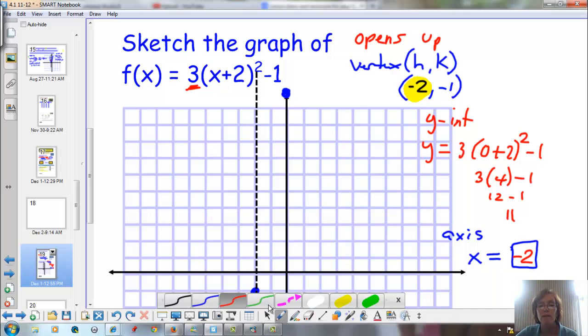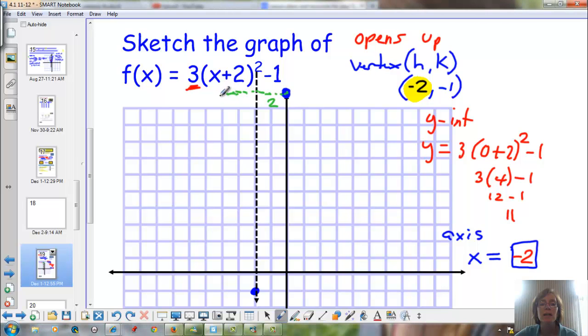And so if we want to find the symmetry point, as we discussed last time, how far over do you need to go from your y-intercept to get to the axis of symmetry? That's 2 units. So we need to go 2 units past that, which would put us right about here. And so we have that.